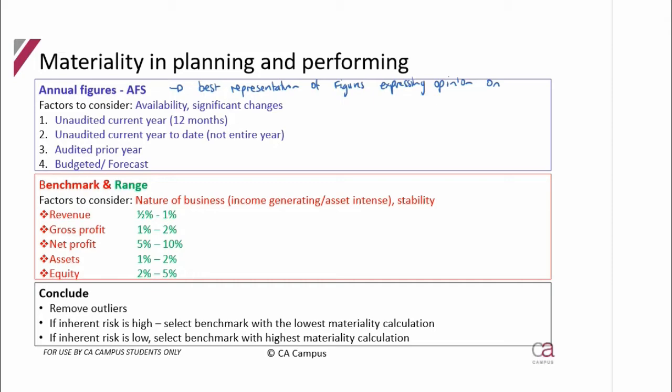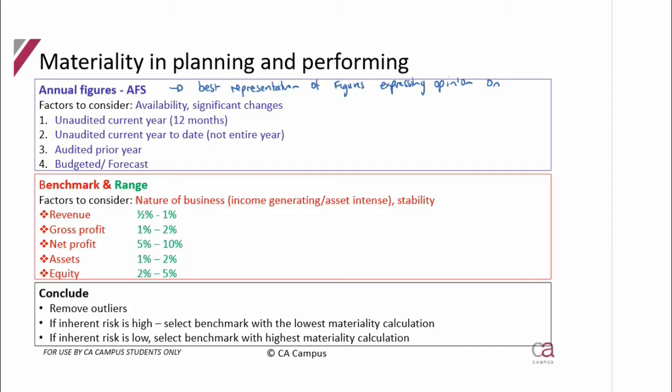However, things like the financials are not ready, or you start planning before the year end is up, are reasons why you might not have the annual financial statements that you are going to be expressing an opinion on. So then you've got to consider which financials are going to be the best figures to use.